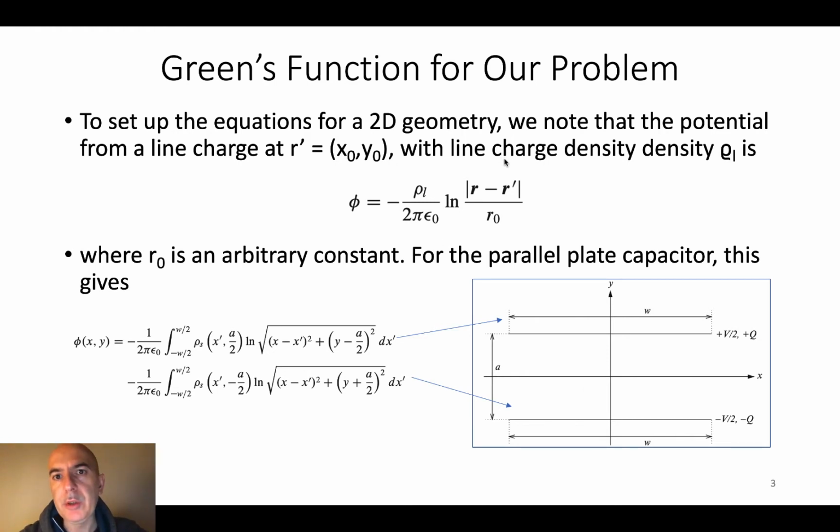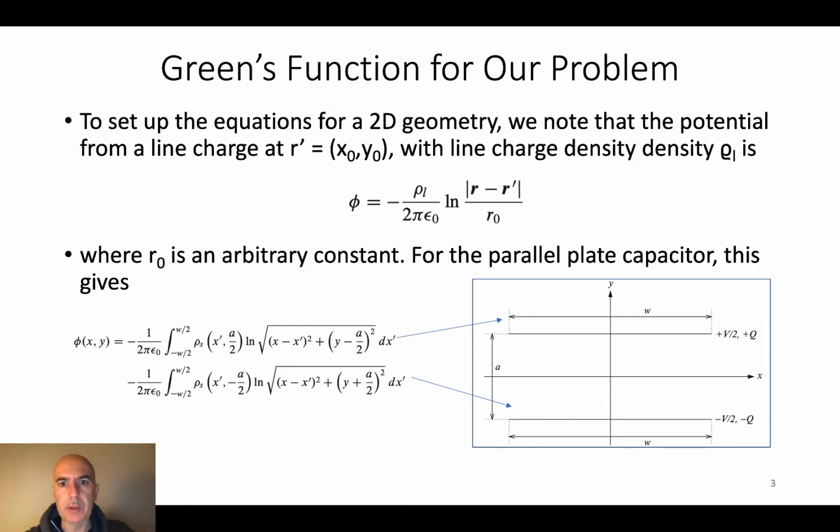The Green function for this problem is the following. We have a minus in front, and then rho L, the linear charge density, divided by 2 pi epsilon naught, and then, importantly, we have a logarithm. So the potential follows a logarithmic behavior.